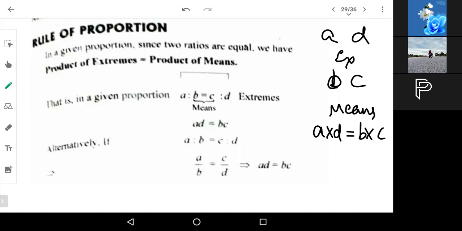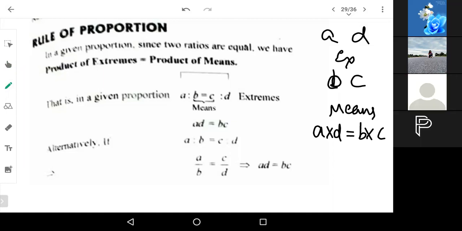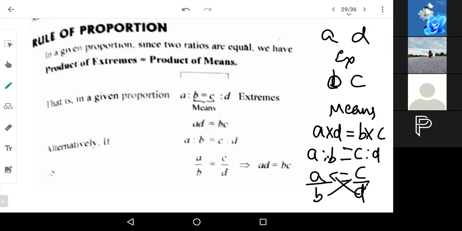Now there is another derivation which is given here, which is nothing but your normal proportion A is to B is equal to C is to D. You can represent this as A by B is equal to C by D. Now if you do the cross multiplication, you will again end up with product of extremes is equal to product of means.